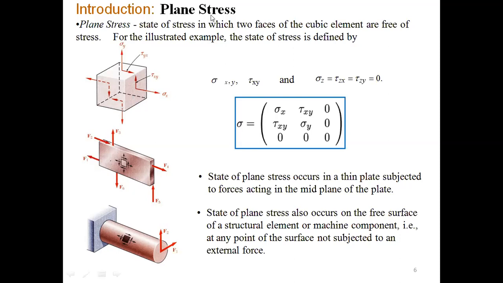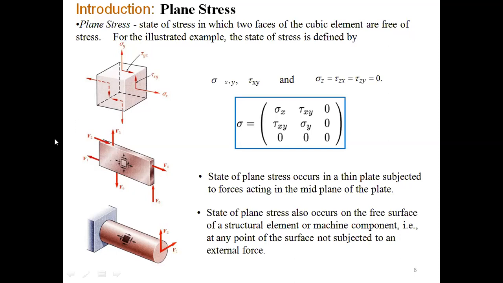Plane stress is a state of stress in which two faces of the cube element are free of stress. Here this face is free of loading or stress, and the opposite face is also free from loading or stress. So this is a pure two-dimensional problem.